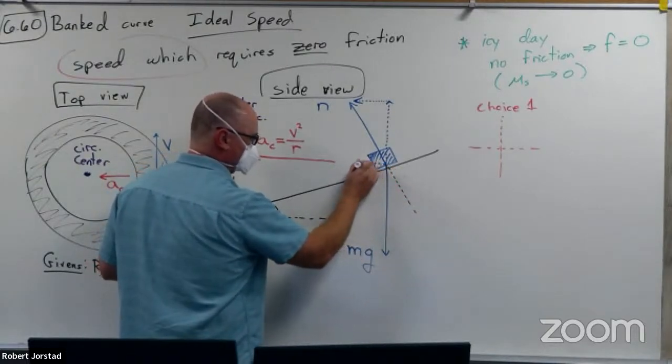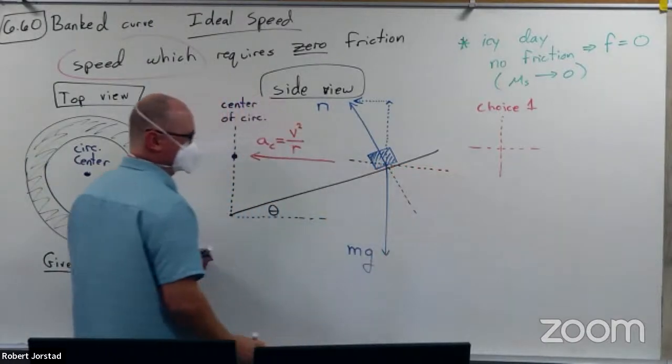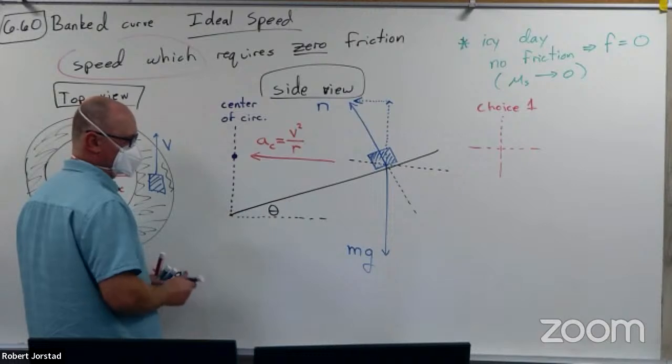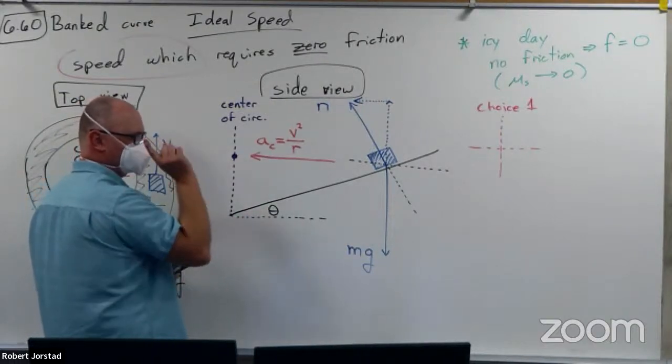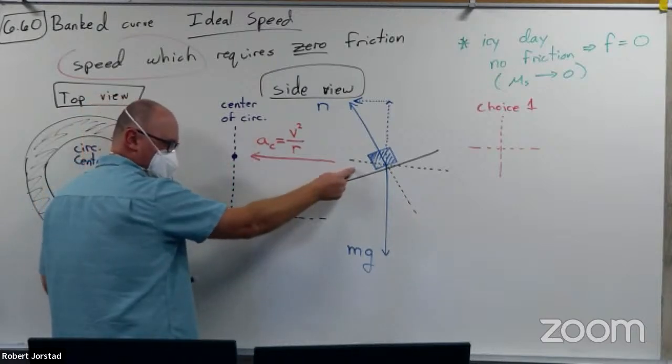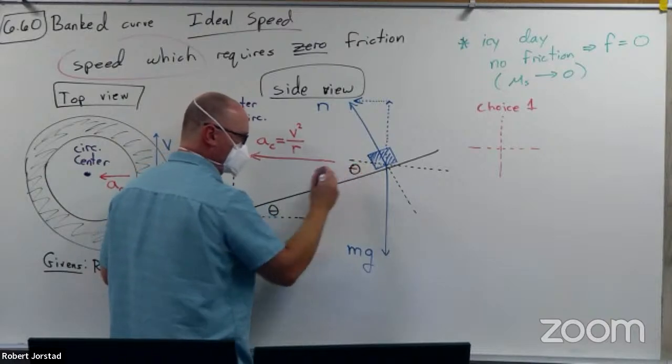I'm going to extend this line horizontally, right? And I think we got it. If this angle is theta, what's this angle? This should be theta by some theorem, right?